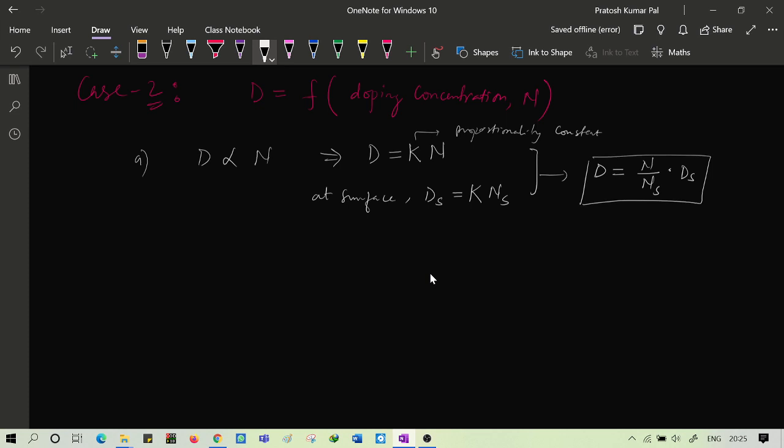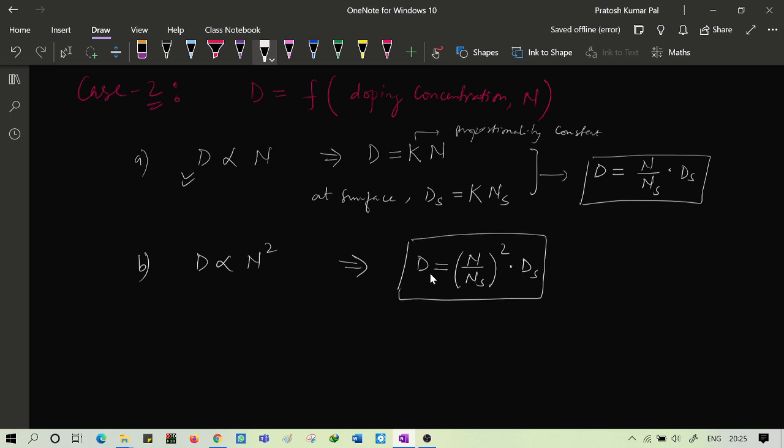This was the case for this relation. Similarly, in the second case, D is directly proportional to n squared. Similar to this, D comes out to be n divided by Ns, whole squared, into Ds.